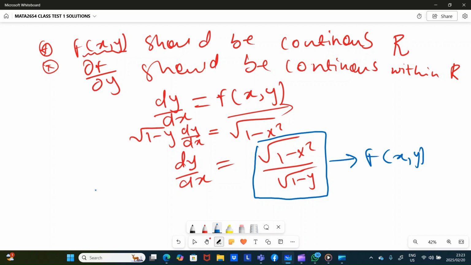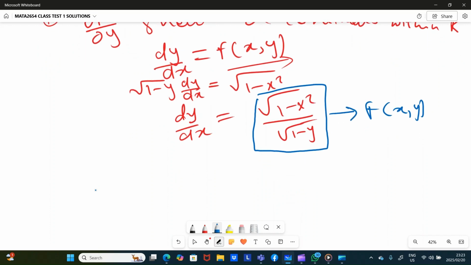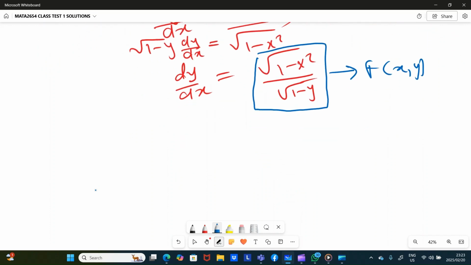Okay, so now we can check if our f of xy is continuous. In order for our f of xy to be continuous, they're basically asking for the domain, isn't it? So the domain of this, what is it going to be? We have to strictly restrict 1 minus y to be greater than 0.